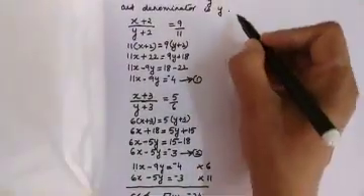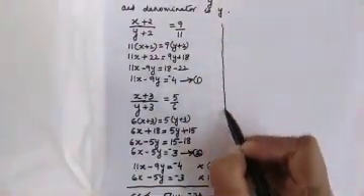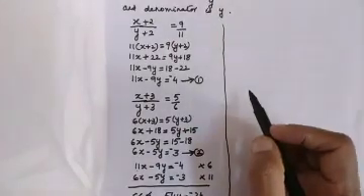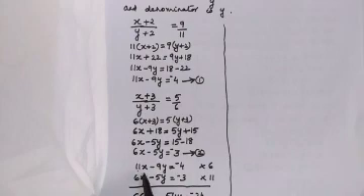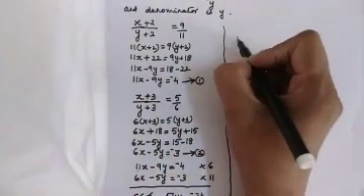Now you have to get the value of x. To get the value of x, write the first equation. Now what is the first equation here? 11x minus 9y is equal to minus 4.